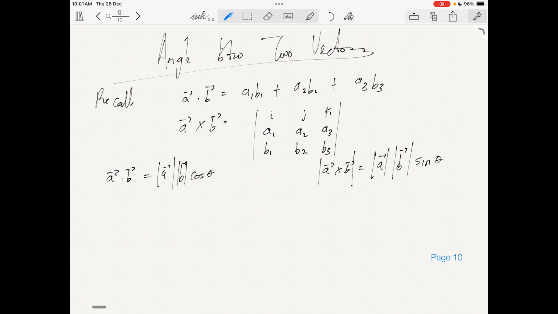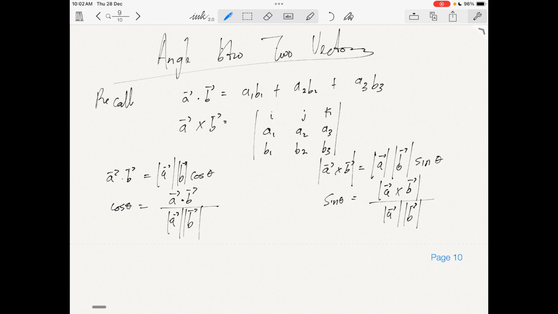So in short, I can say that my cos theta is, if I divide both sides by modulus of A modulus of B, A dot B divided by modulus of A times modulus of B, and my sine theta will be equal to the modulus of A cross B divided by modulus of B and modulus of A.